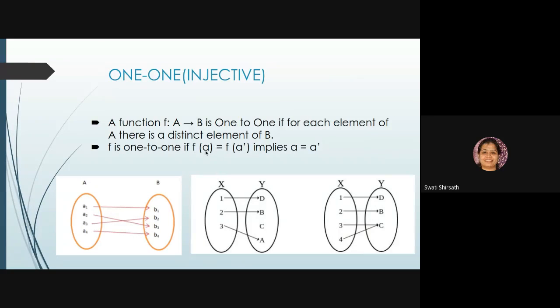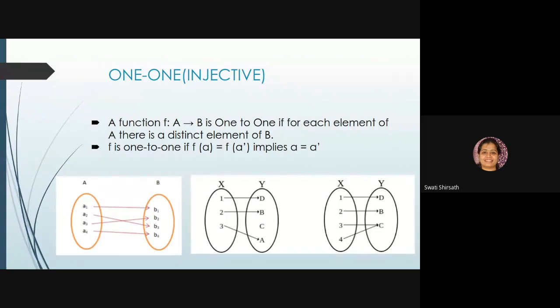If you get a is equal to a dash, then we say it is a one-to-one function. If you remember, during isomorphism we did this. For e raised to x, we got x is equal to y, and that is why we said that e raised to x is a one-to-one function. Do you remember?